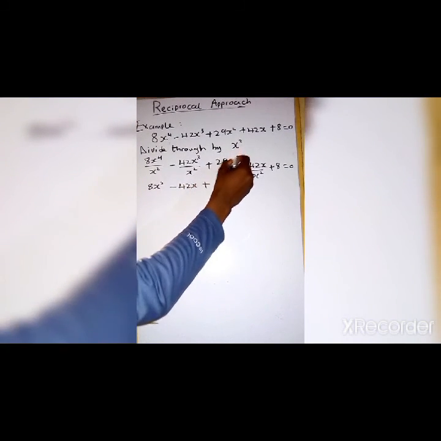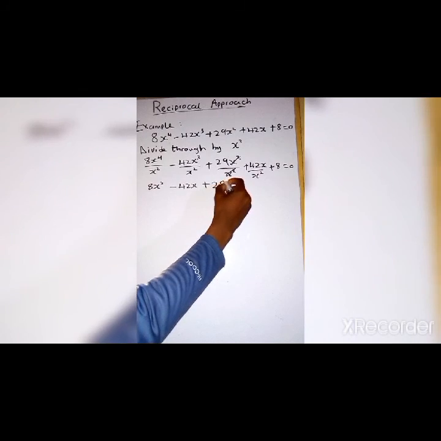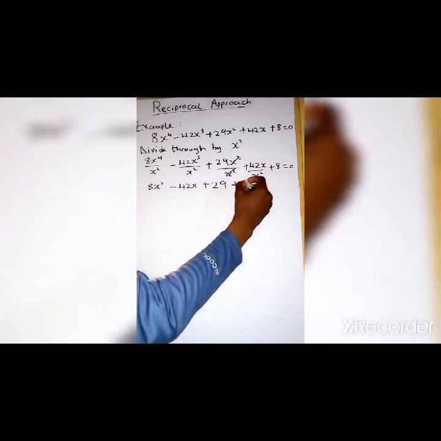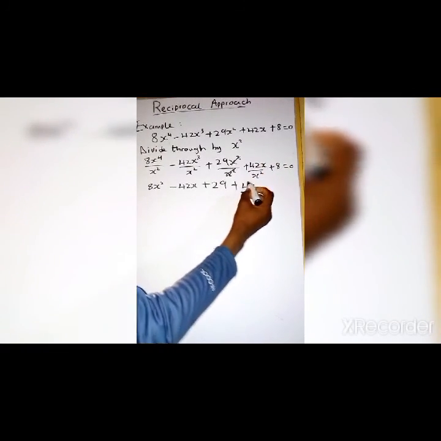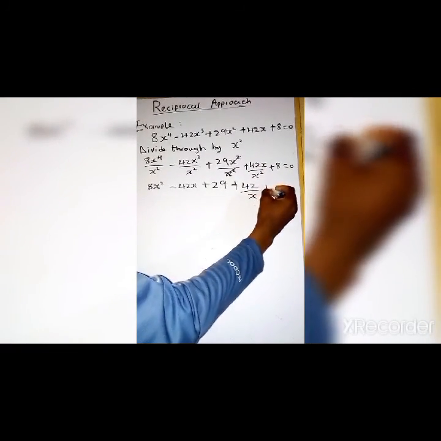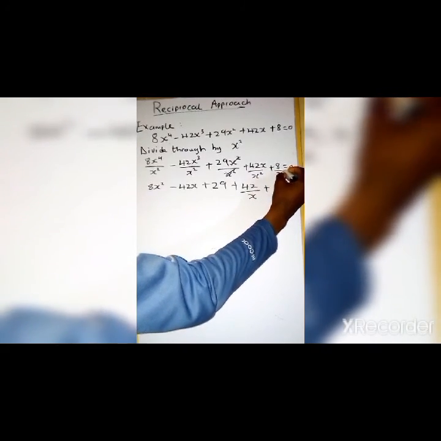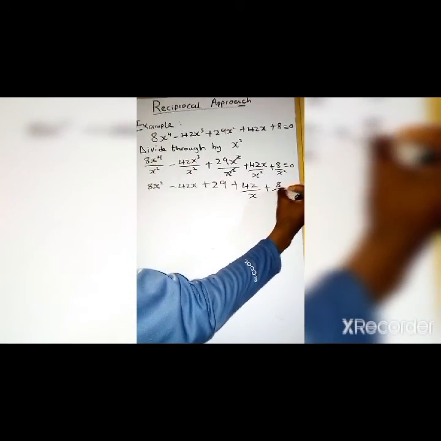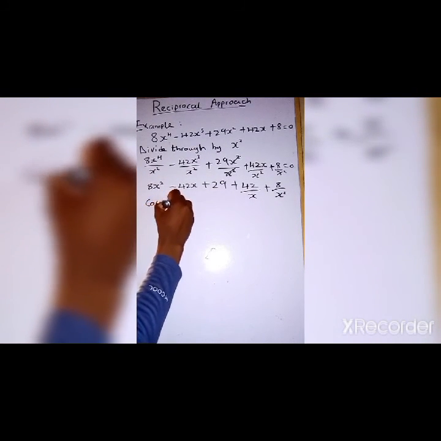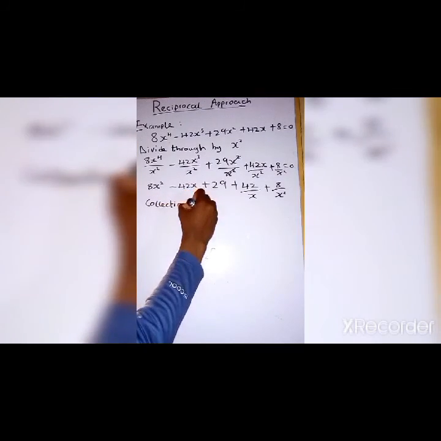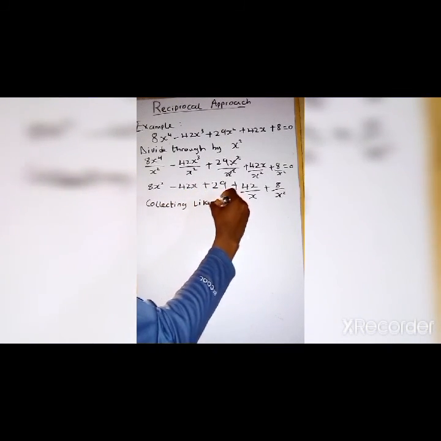Plus this one will cancel this, 29, plus 42 over x, since 1x here will cancel 1x here, so we have 1x left. We also have this one divided by x squared, we have 8 over x squared. So now the next thing is we collect like terms.